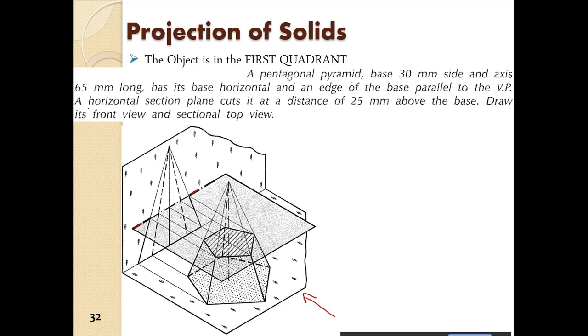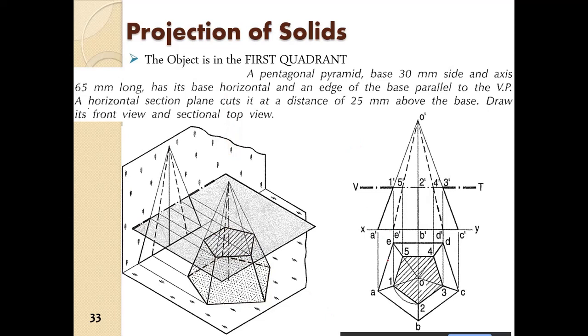But when you see from the top, you will see the top view of the pyramid being projected here like this. The pentagonal base of the pyramid here like this. Then apart from that, you will see the section. So this is the section which you will see from the top.